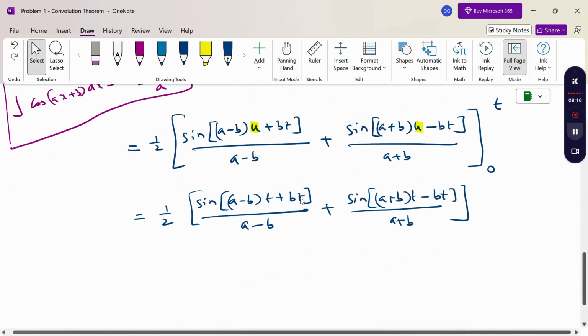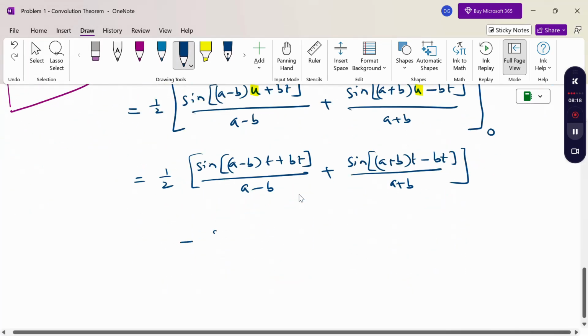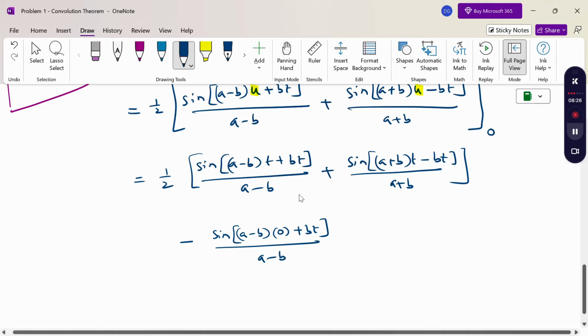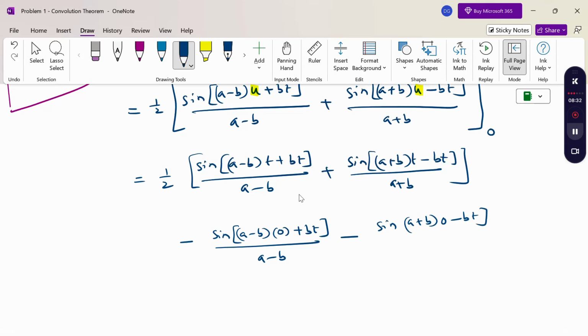Then minus the lower limit, minus sin of (a minus b) into 0 plus bt by a minus b, minus sin of (a plus b) into 0 minus bt by a plus b. This is a plus, meaning I am taking common minus.